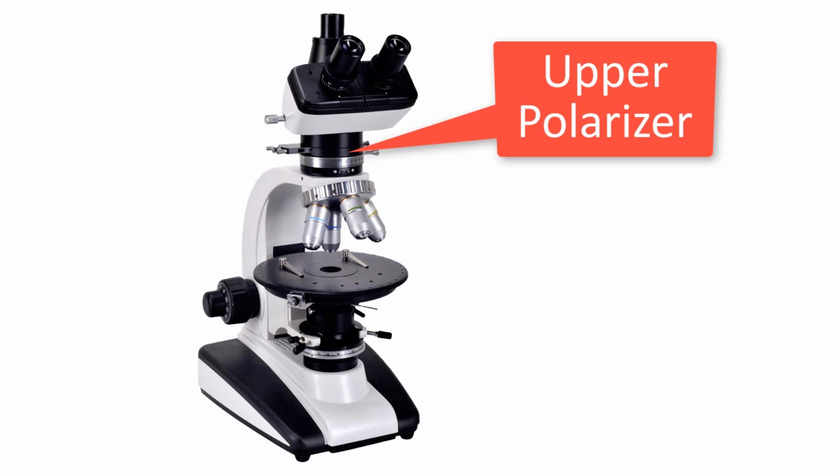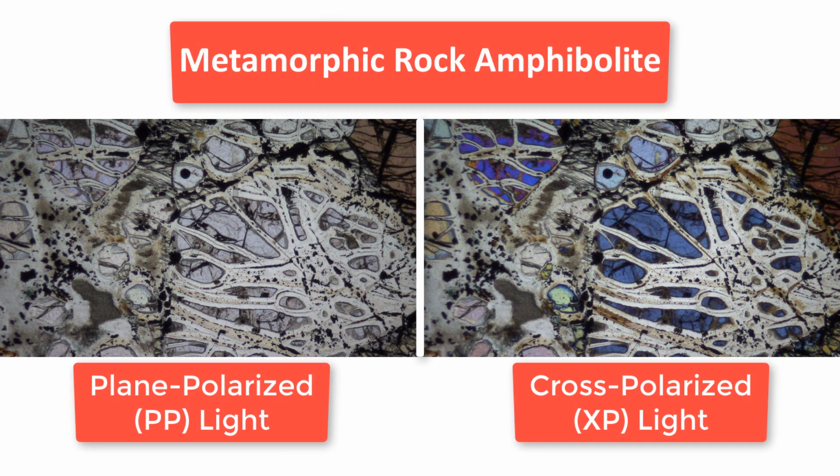Since the upper polarizer's orientation is perpendicular to the lower polarizer, if no specimen is on the microscope's stage, then no light enters the eyepiece, and the resulting view is black. However, if a thin section is located on the stage, some light does pass through the upper polarizer. This allows us to view minerals in crossed polarized light.